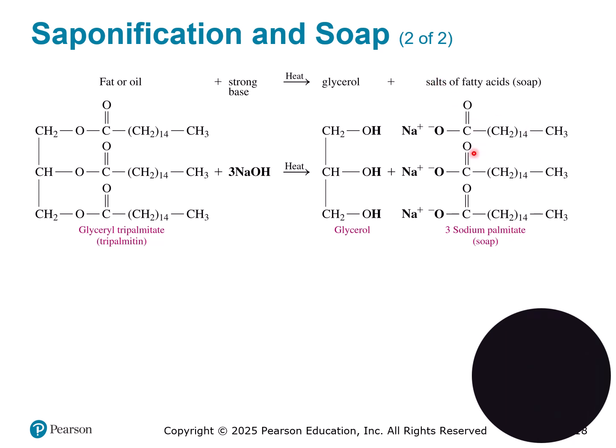So you have really an amphipathic molecule. Part of it is fatty-like and oil-like, and part of it likes water. So this head here will like water, and that's why soaps are so useful, because they can dissolve grease in clothes, but then they can interact with water and be driven off the clothes into water.